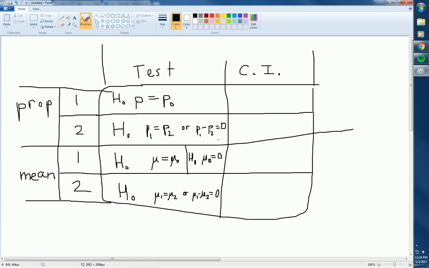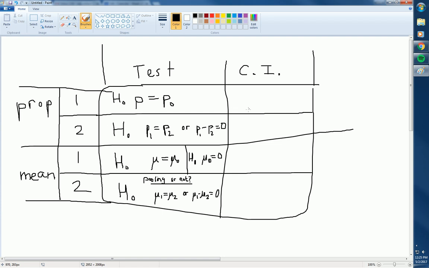In the two sample means down here, you're going to have to decide if you're pooling or not pooling the data in order to estimate sigma, or sigma squared. So that is another complication, but that's an additional question you can ask yourself.